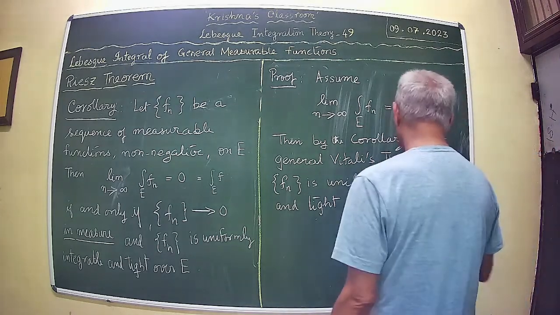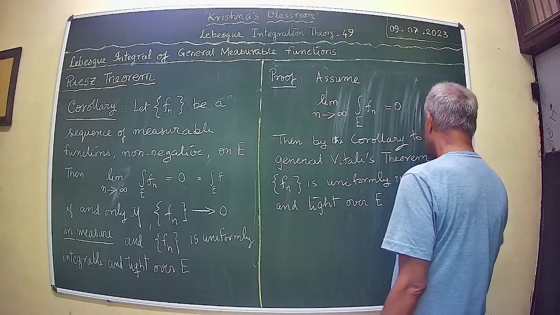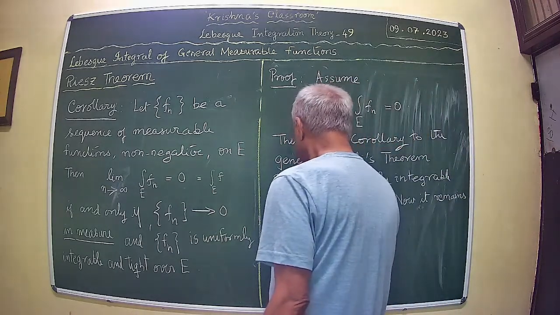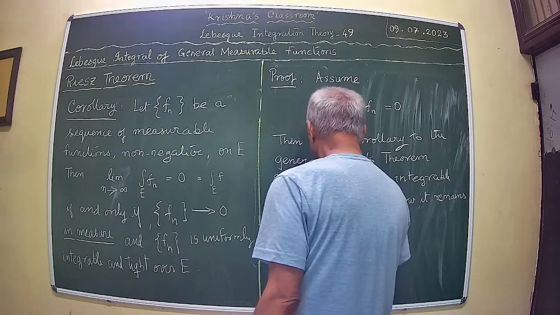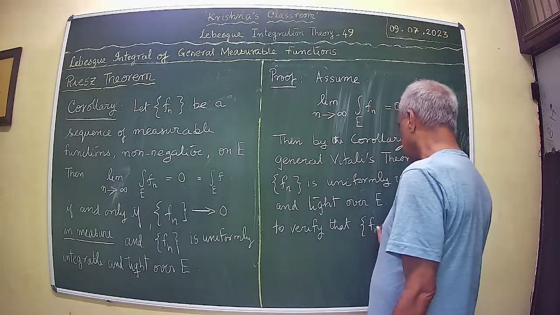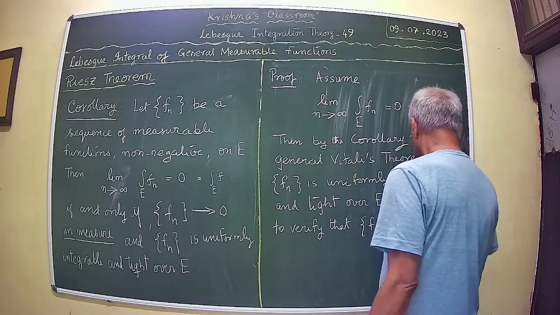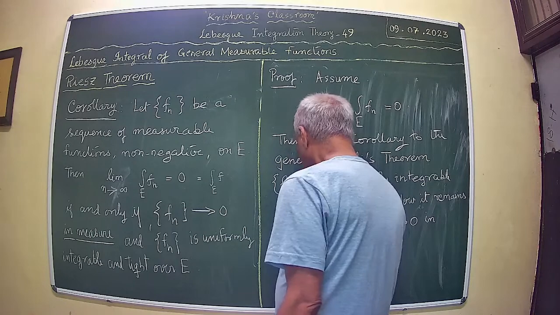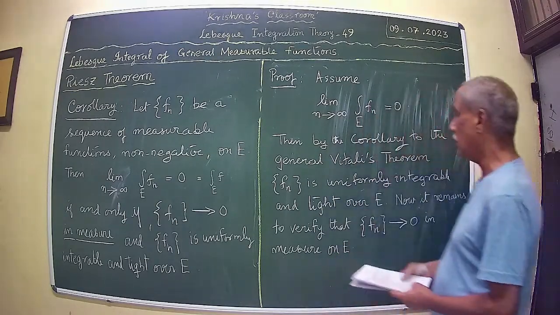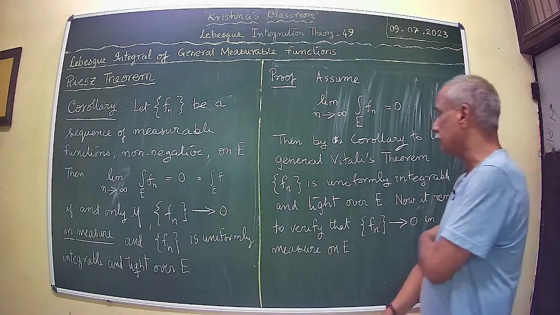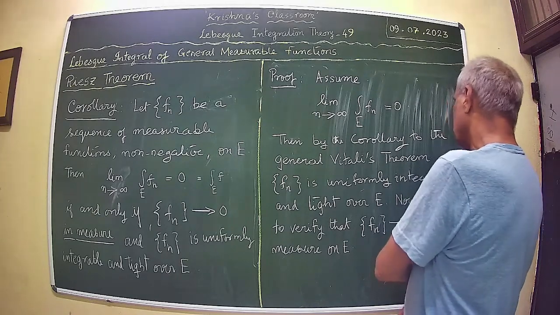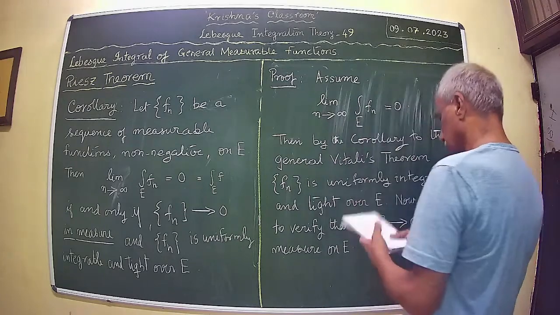Now all that we have to show is this. Now it remains to verify that Fn converges to 0 in measure on E. So the other part follows from the corollary to the general Vitali theorem. So the only thing that we have to prove is that Fn converges to 0 in measure on E under these circumstances.